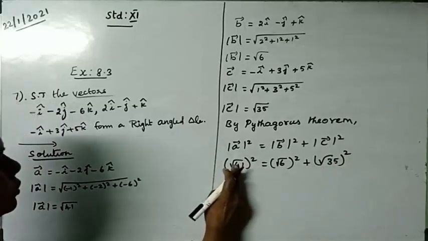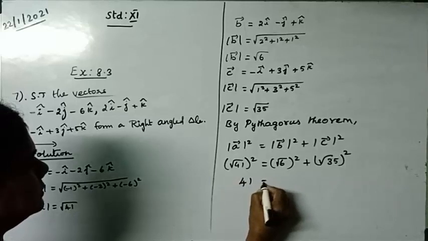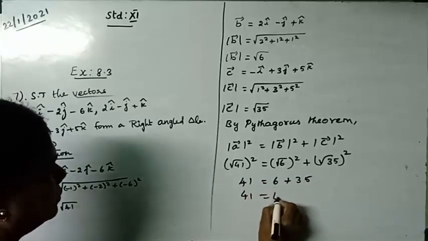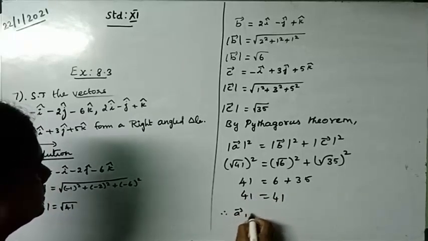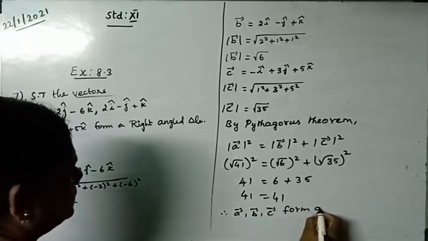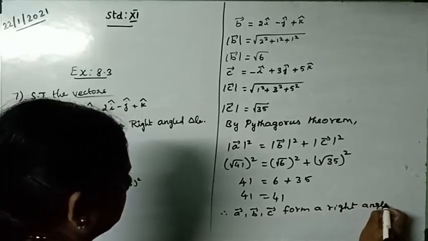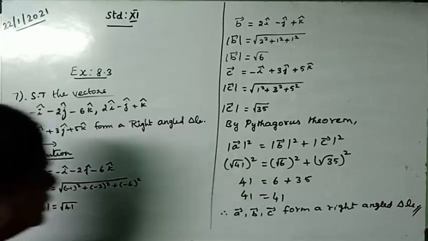Now square root into square root get cancelled. So 41 is equal to 6 plus 35. So 41 is equal to 41. Therefore A vector, B vector, C vector form a right angled triangle. Hence proved.